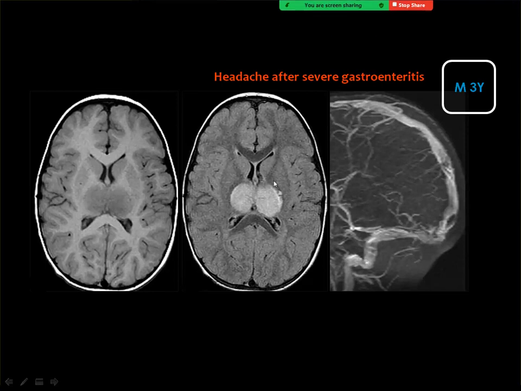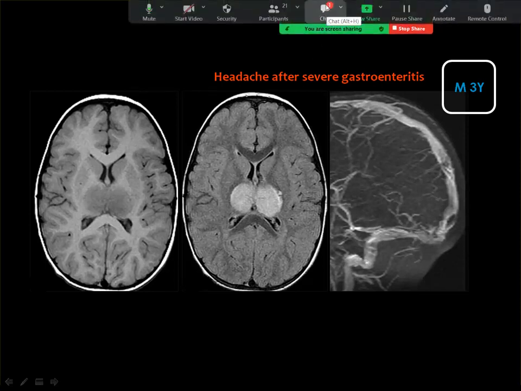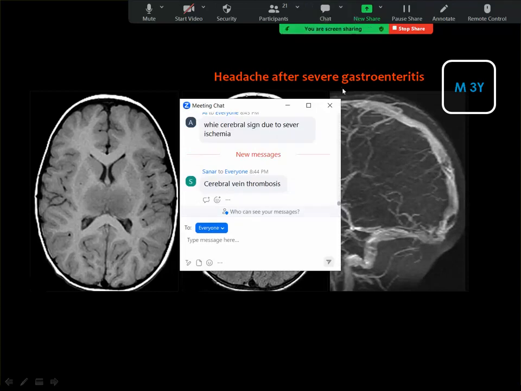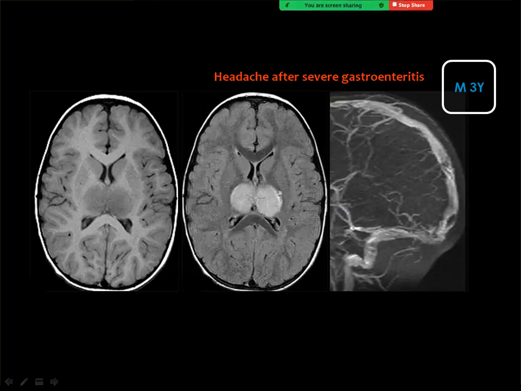What do you think about this case? Yes, and this is internal cerebral veins thrombosis. You know that the quadrigeminal cistern contains 4 structures: 2 internal cerebral veins, the pineal body, and the vein of Galen.